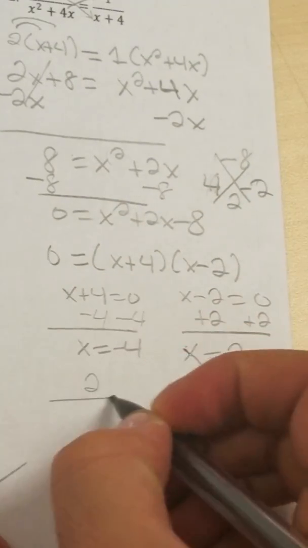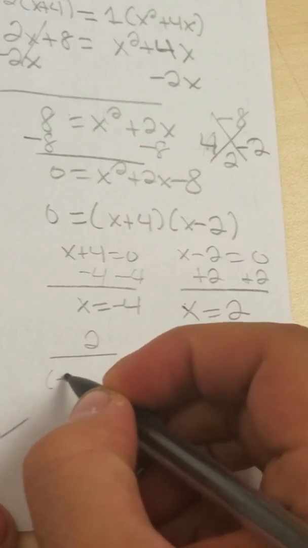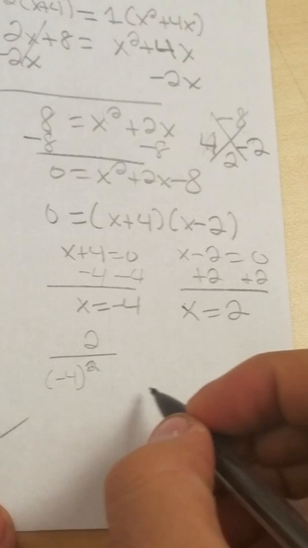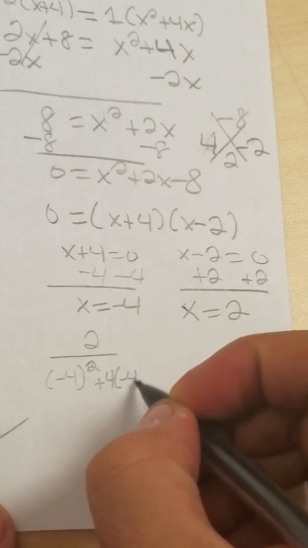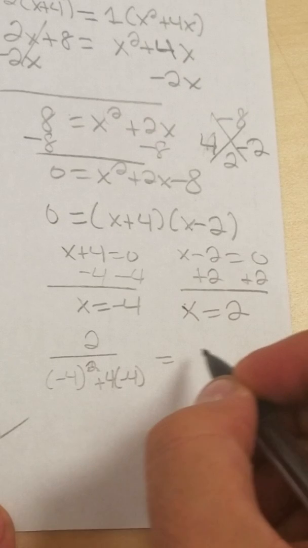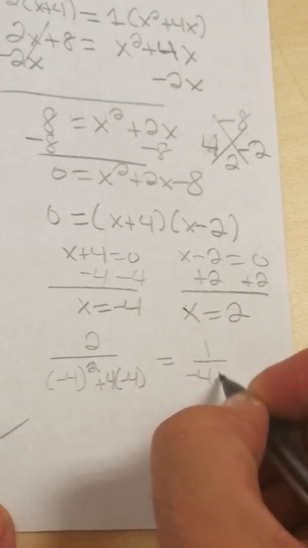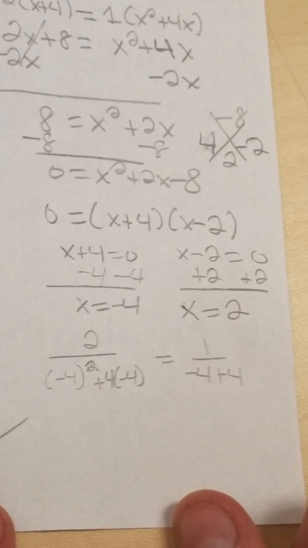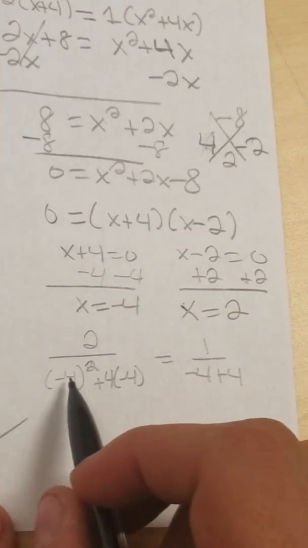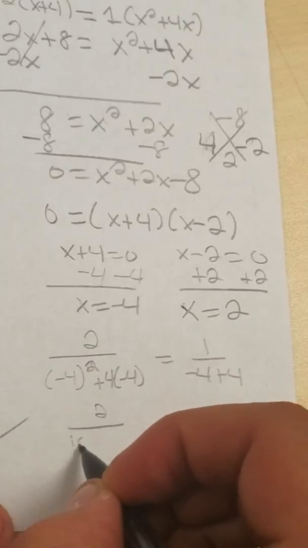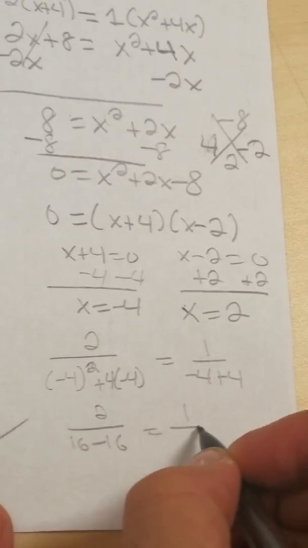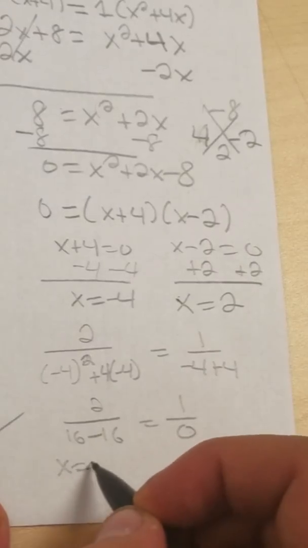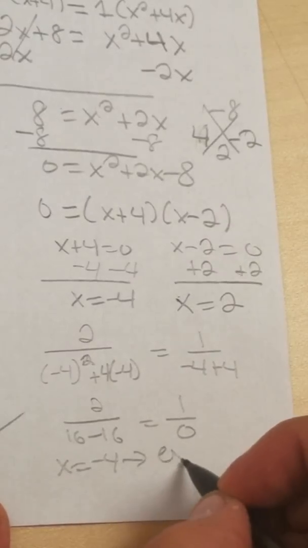So we have 2 over x squared plus 4 times negative 4 equal to 1 over negative 4 plus 4. All right, so now it looks like we get 2 over 16 minus 16 equals 1 over 0. So it looks like we got a 1 over 0 there. So that means negative 4 is an extraneous solution.